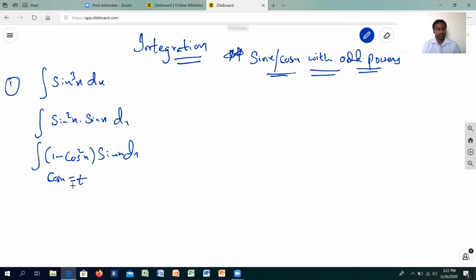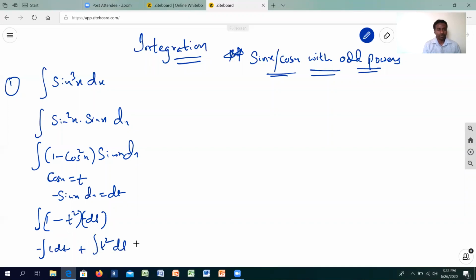Cos x is equal to t, which in this case means negative sin x dx is equal to dt, but I have positive, so I shift that negative to the other side. 1 minus t square, this is negative dt. Upon multiplying, I'll have negative 1 dt, positive integral t square dt, and my answer turns out to be t cube by 3 minus t plus c.